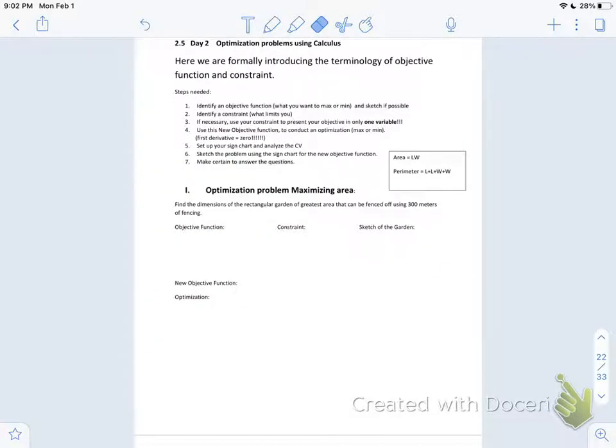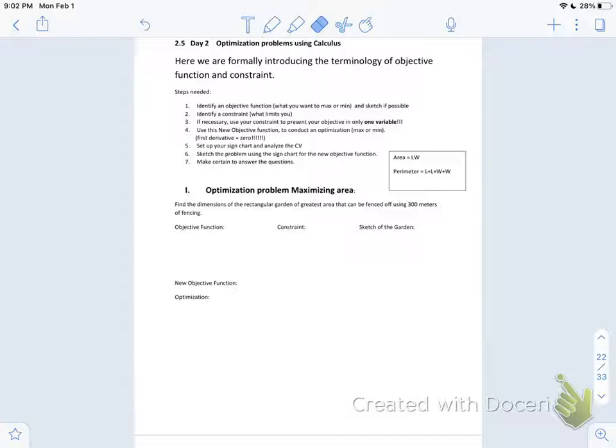Here we formally introduce the terminology of objective function and constraint. I've really been doing this all along, but now we're going to create our own problem. So steps needed: Step 1, identify an objective function, what you want to max or min, and sketch if possible. Step 2, identify a constraint, what limits you.